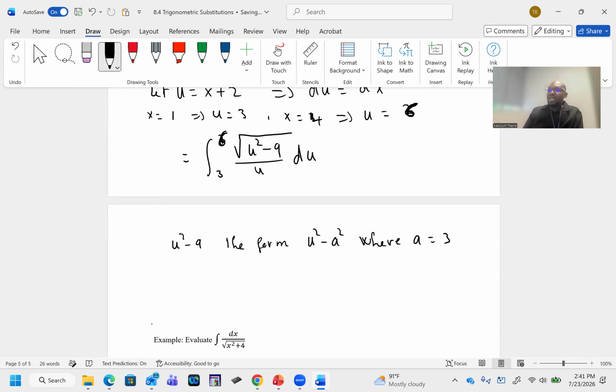So I have to use my substitution again. I would say let u be equal to 3 secant theta, which means du will be 3 secant theta tangent theta d theta, right?